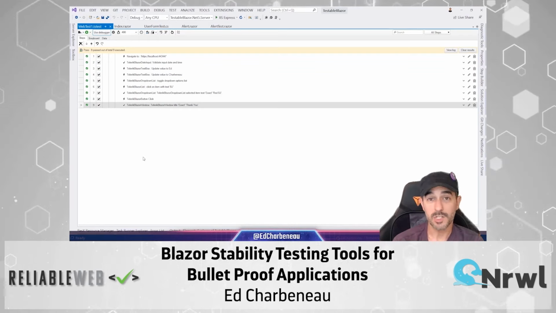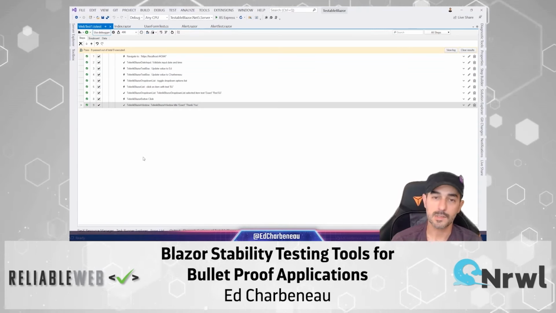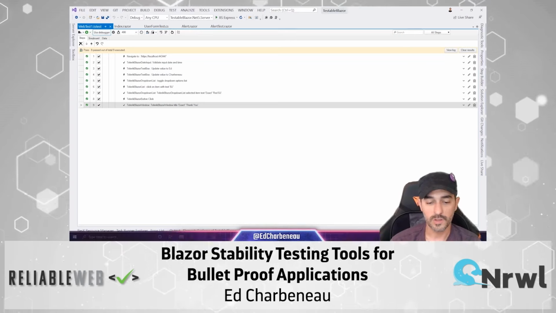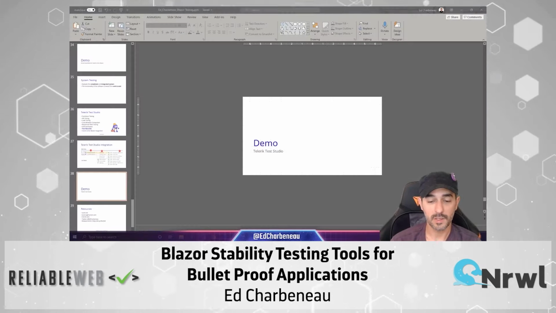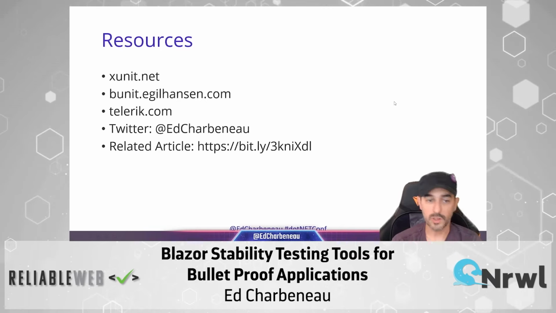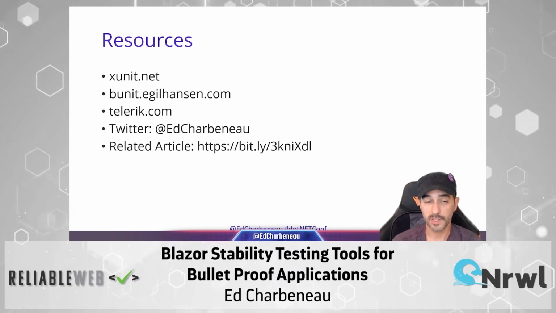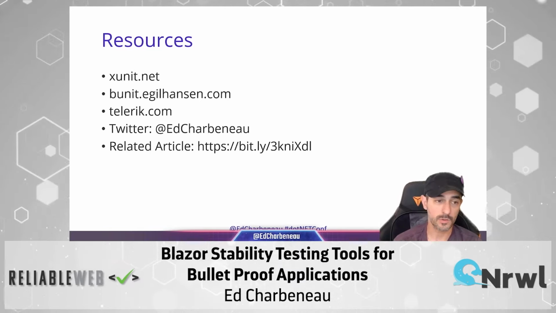So it's a much deeper subject than we have time to go into, but it's nice to see that we can do all of these different tests within the Blazor environment using one IDE and using several testing tools that are available within the Blazor ecosystem.